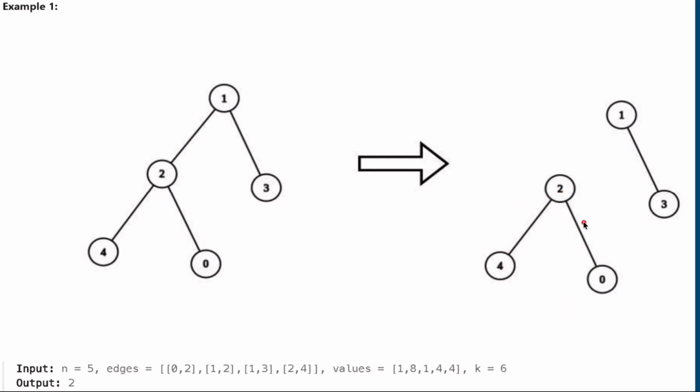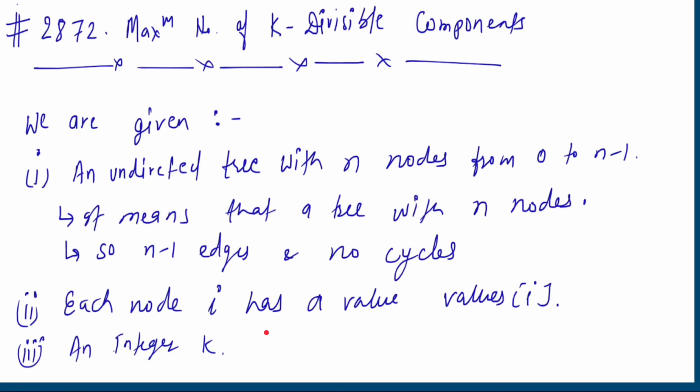Okay, so we'll try to understand the input and how to implement this type of problem. First we will see what the problem is saying, right, what we have been given. The problem is saying the maximum number of k-divisible components.